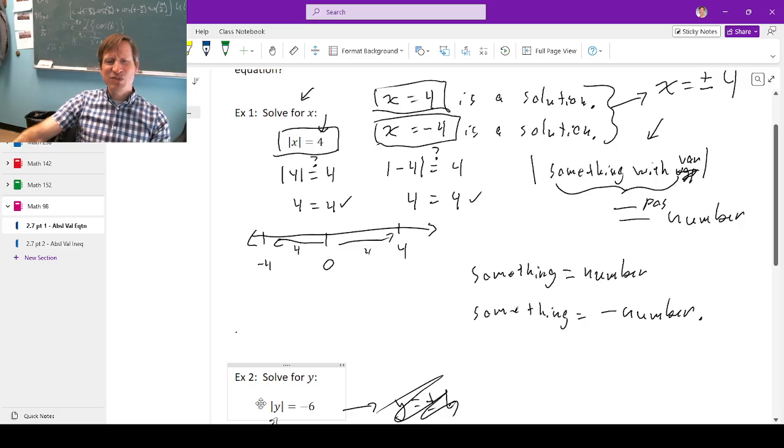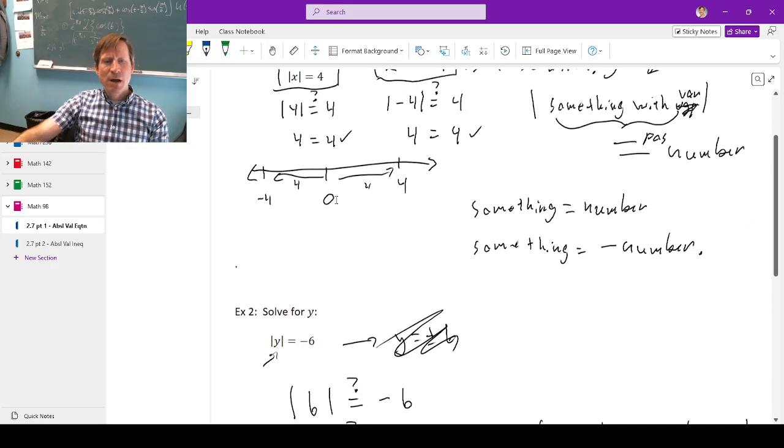So if you have an absolute value equation with a negative on one side, it won't have any solutions. On the other hand, an absolute value equation with a positive number on the other side will have two solutions, typically. I can make up exceptions, but typically it will have two solutions, like we saw with our first example, absolute value of x equals 4.